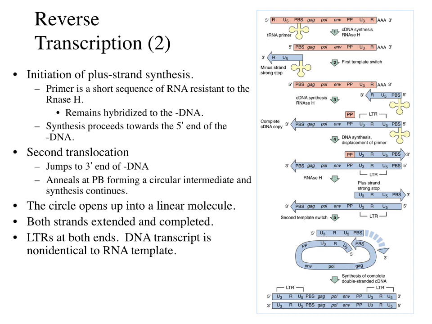And they're going to serve as primers for plus-strand DNA synthesis, because you're going to need to make a double-stranded DNA template in order to have something that you can integrate into the host chromosome. So you can't just make a single-stranded DNA transcript of the RNA.